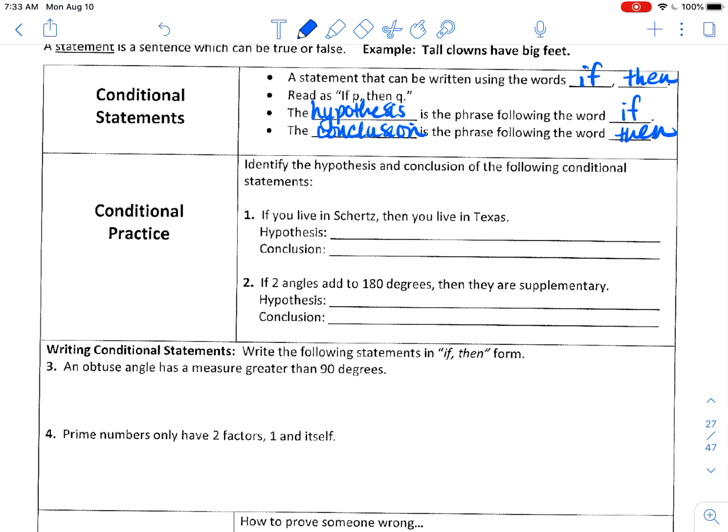In these next two problems, let's identify the hypothesis and conclusion of the following conditional statement. If you live in Shirts, then you live in Texas. So let's start by underlining the hypothesis once and the conclusion twice. Remember, the hypothesis follows the word if. So in this case, here's my if, you live in Shirts.